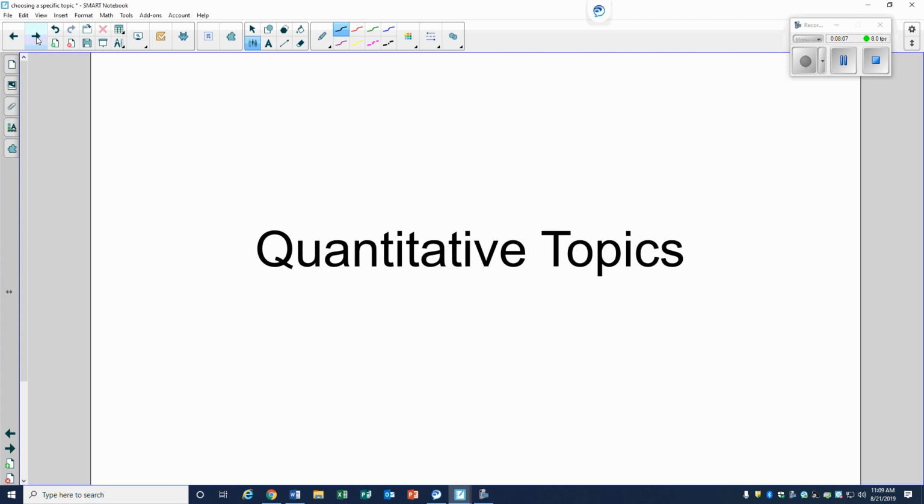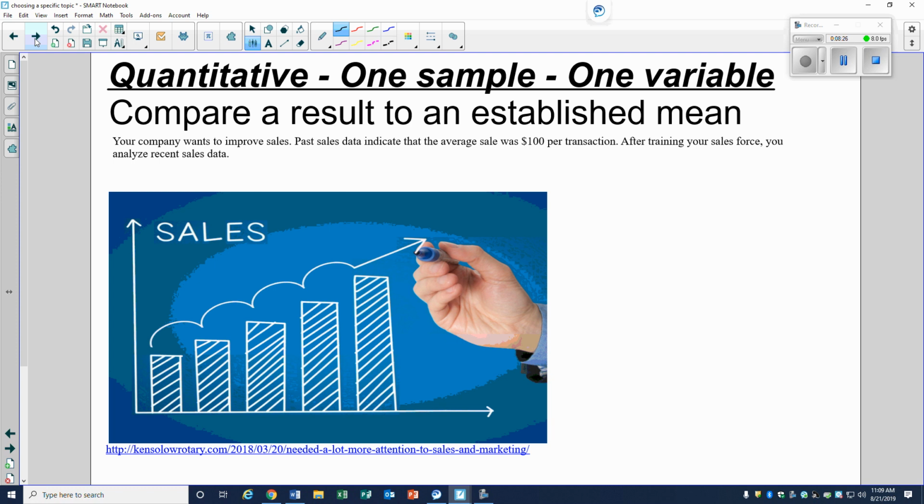Okay, so if you're doing a qualitative topic, you don't need to look any further. Quantitative topics, remember, we move away from percentages and now we're looking at averages. We're looking at means. These are numerical data collection that we can actually do those calculations on. So one example of that is you have one sample, one variable. So let's say your company wants to improve sales, and you already know that in the past, the average has been $100 per transaction.